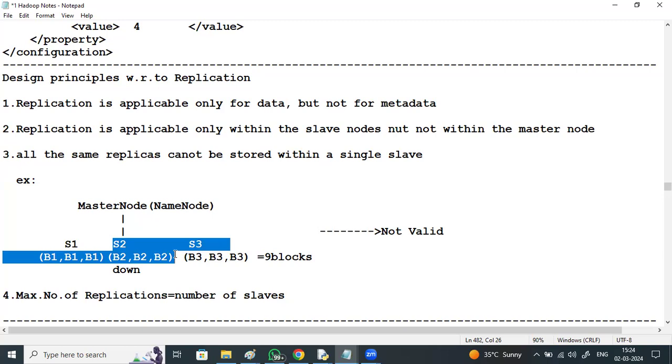So all the same replicas cannot be within the same slave, because if any one system goes down, then that block is lost.